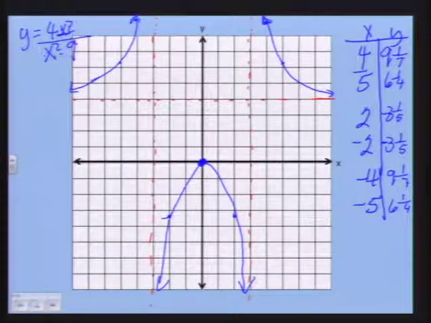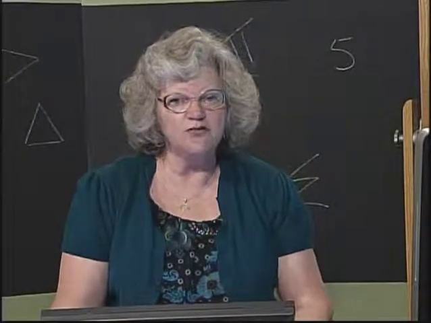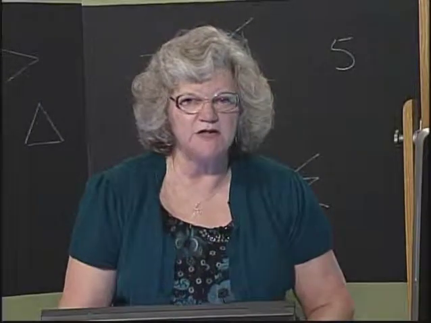With the 4x squared in the numerator here, we have y-axis symmetry. Okay, we use the same denominator each time, had the same vertical asymptotes, but the horizontal asymptotes changed, the symmetry changed, and whether or not it crossed the horizontal asymptote changed. So that was kind of interesting, wasn't it?